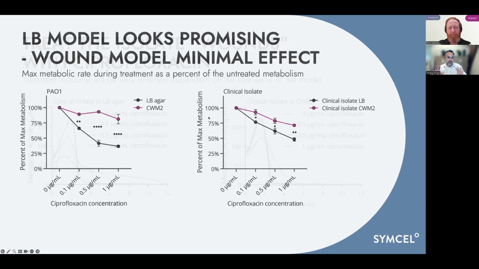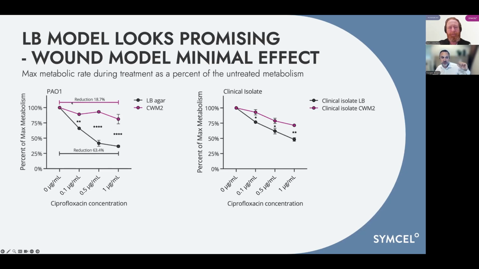And if we then compare that, here is the clinical PL1 in the wound media and how it actually is affected by the treatment, whereas in the LB agar, it plummets down here. And not at the same rate, but it's still definitely a significant difference in the clinical isolates.